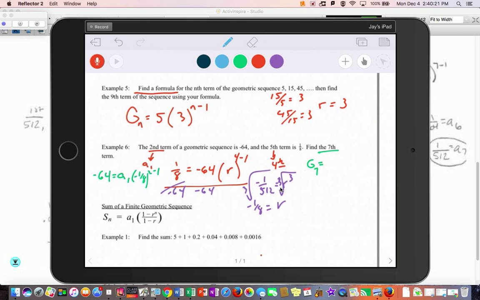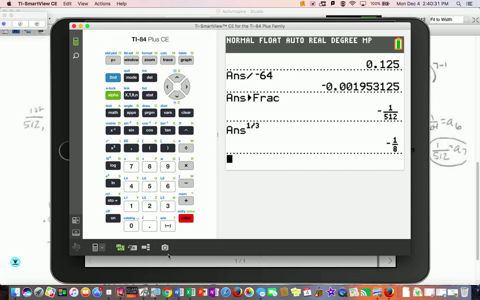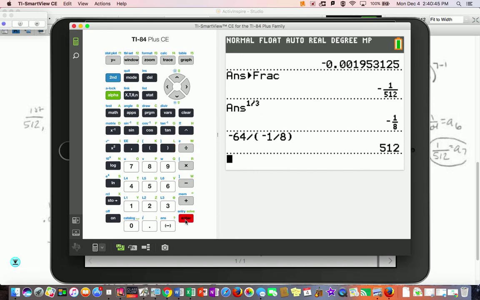Well, 2 minus 1 is 1, so I'm really dividing by negative 1/8 on both sides. And so remember, when you divide by a fraction, the number is going to get bigger. So if you take negative 64 and you divide by, I'm putting it in parentheses, negative 1/8, I actually get an a sub 1, that's 512.